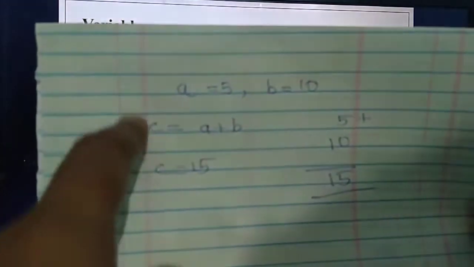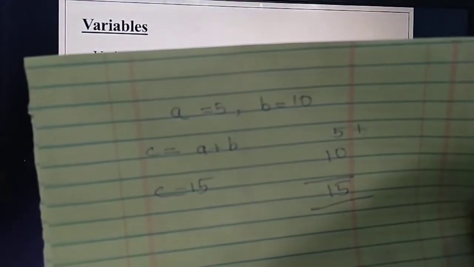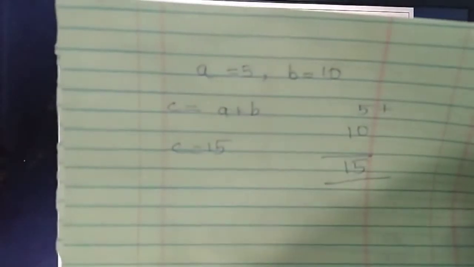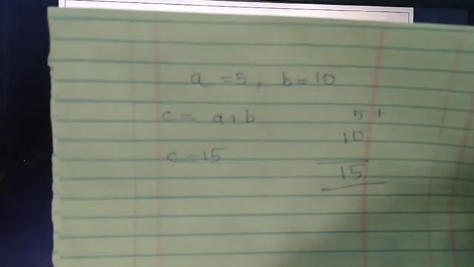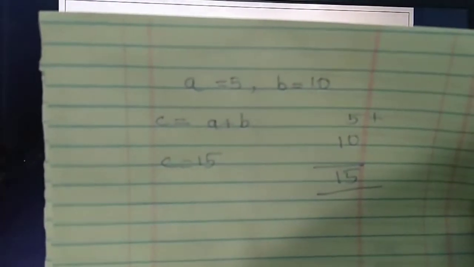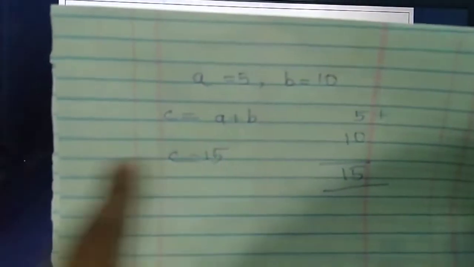You are adding a plus b, then you store the answer in one variable called c. What's the value of a plus b? 5 plus 10, you will get the answer as 15.